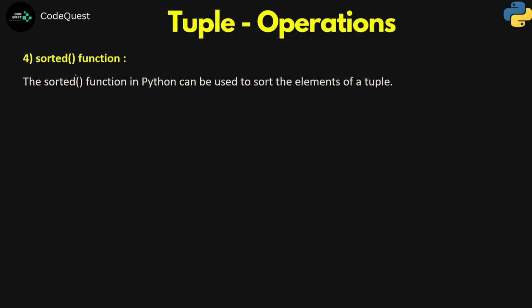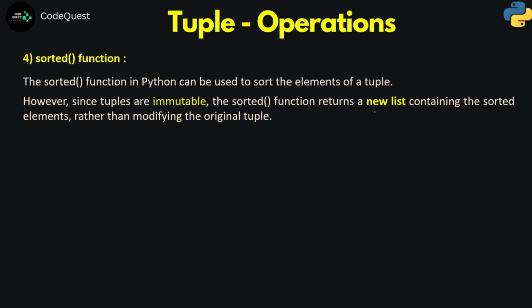The next function is your sorted function. The sorted function in Python we can use to sort the elements of a tuple. But as we understand, tuples are immutable. Hence, whenever you apply the sorted function on a particular tuple, it is going to create a new list.